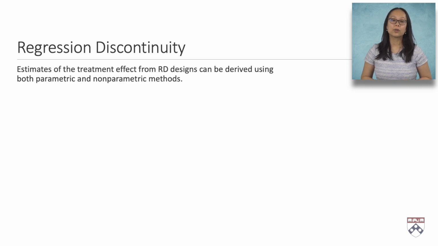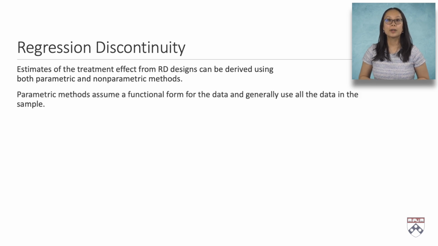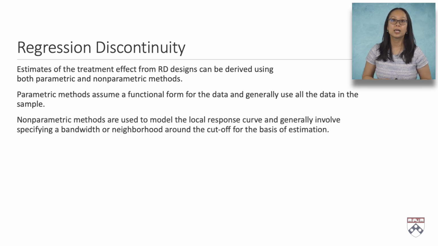Estimates of treatment effects from RD designs can be derived using both parametric and non-parametric methods, where parametric methods assume some sort of functional form or statistical model for the data, and they generally use all of the data in the sample since you can fit a single model that can apply to all of the data in your study. On the other hand, non-parametric methods are used more so to model a local response curve, and they generally involve specifying a radius or diameter known as a bandwidth, which essentially represents a neighborhood around the cutoff for the basis of estimation.